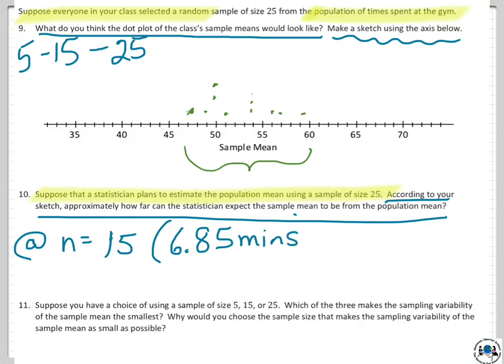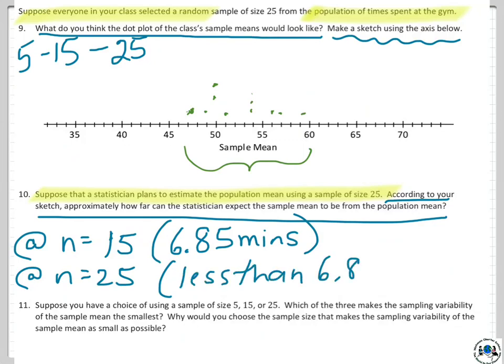And all I can tell you, and hopefully you would guess this as well, is that at n equals 25, what we should expect to see is something less than 6.85 minutes. And that's all we could assume.